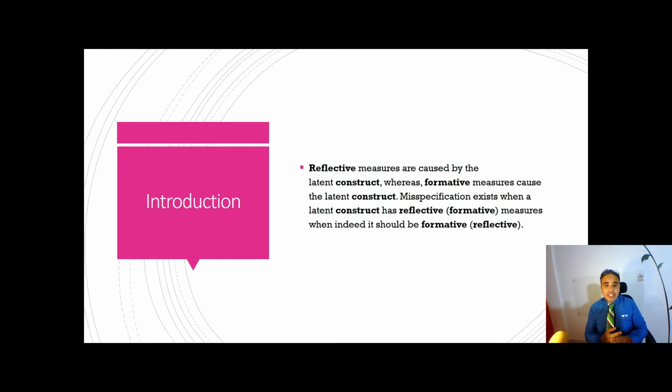Formative indicators form the latent construct. So reflective measures cause their indicators. However, formative measures are caused by their indicators.